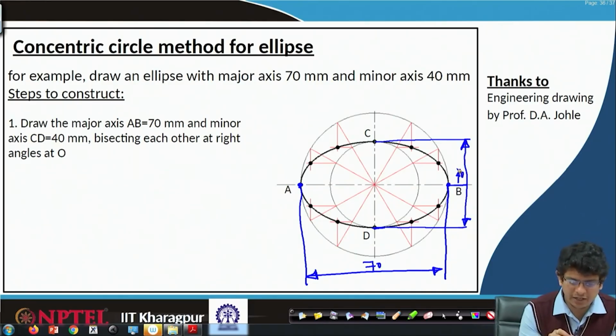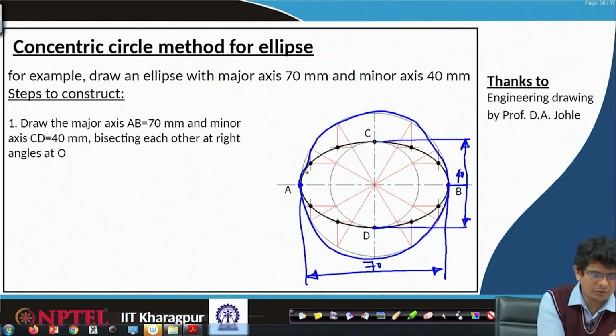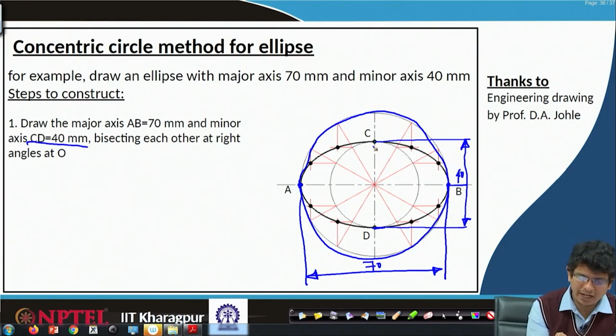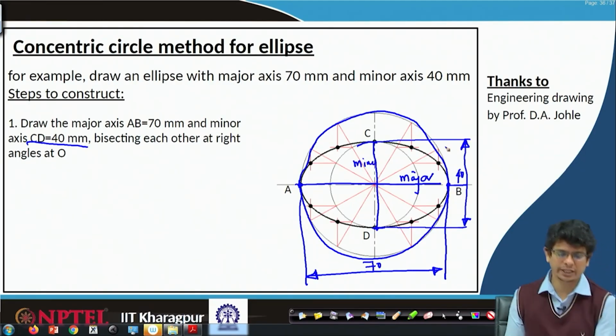And if we see carefully, because this is the 70 mm major axis, the diameter of this entire circle itself is 70 mm. The other one, the minor axis, is 40 mm. So, this is the major axis and this part is the minor axis, 40 mm.